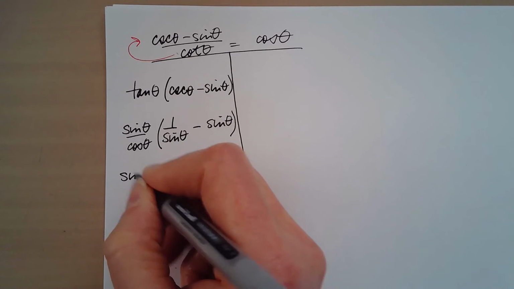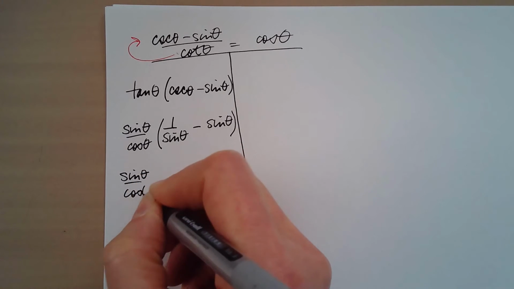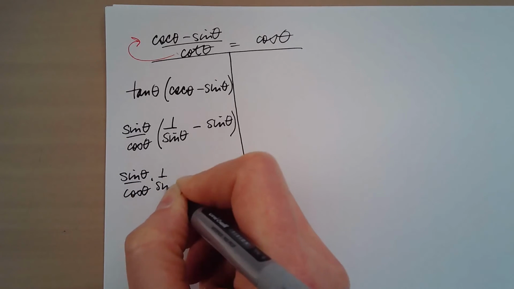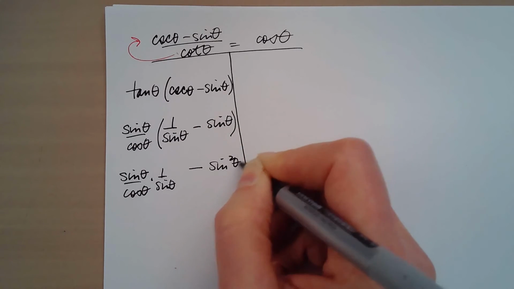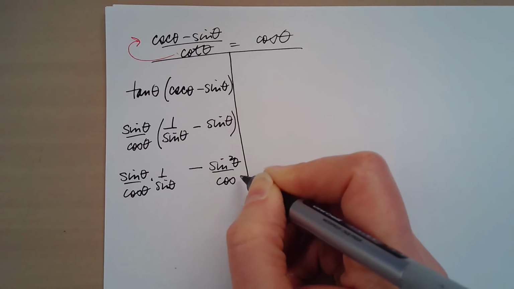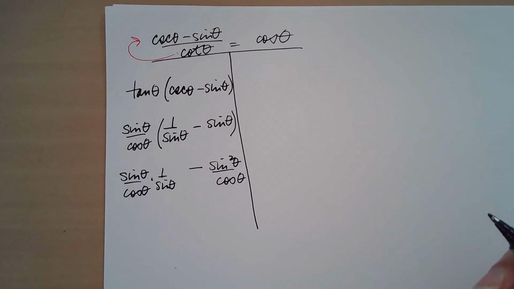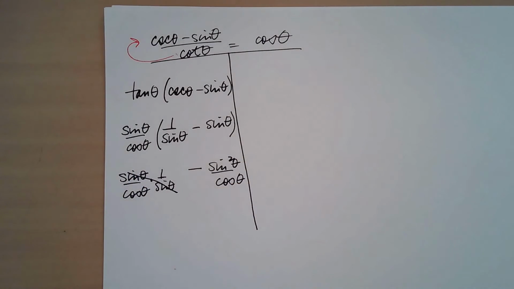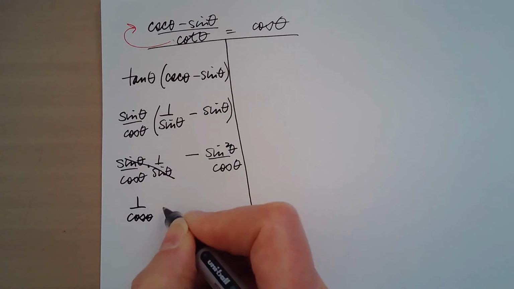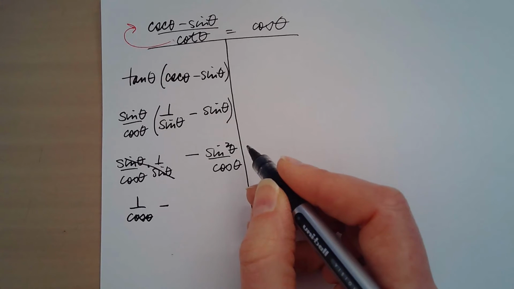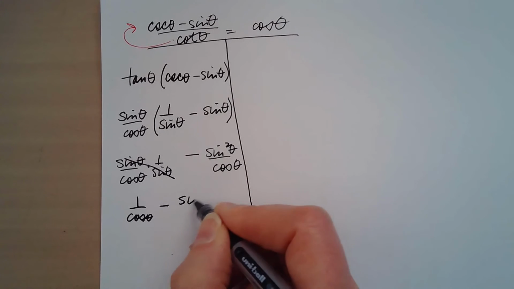So I could do sine over cos times 1 over sine, and then minus sine squared over cos, right? Is this what you did, Joanna? Okay, so then cancel, and I get 1 over cos minus sine squared over cos.